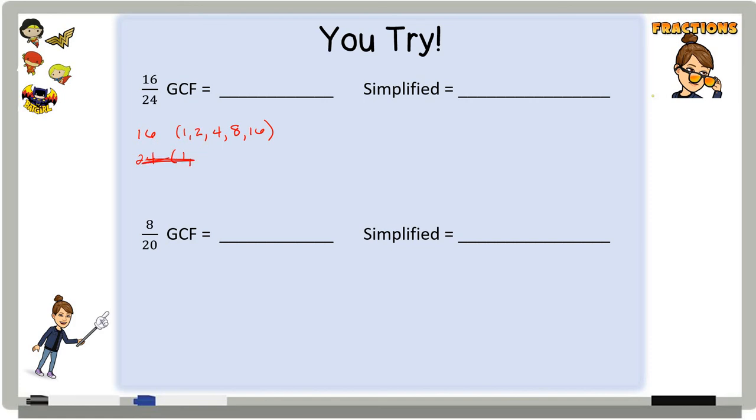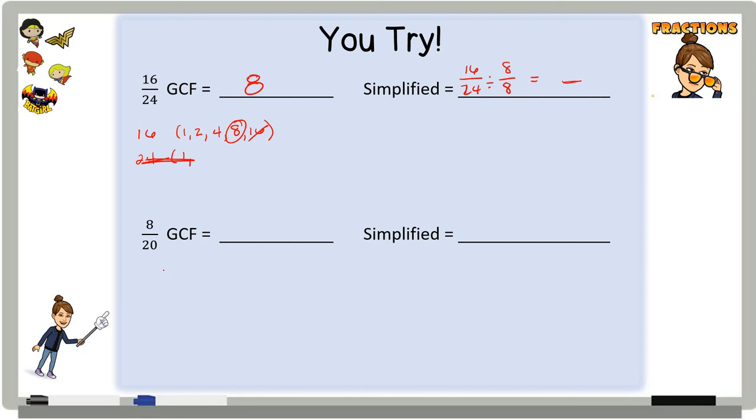Well, we don't even have to list these. It can't be divided by 16, but it can be divided by 8. So the GCF of these two numbers is 8. So to simplify it, I would divide both of these by 8. And you are going to do that work to get your answer.